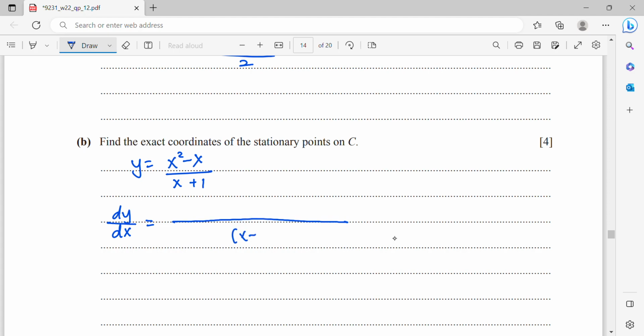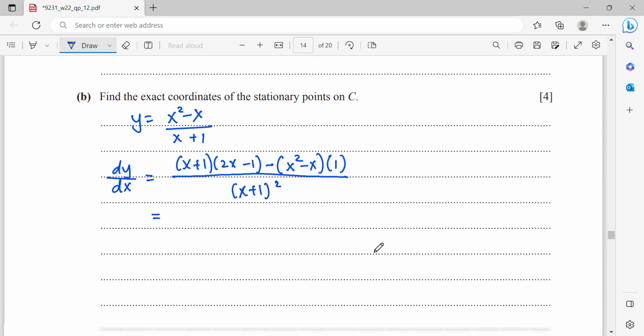So according to quotient rule, square the denominator, rewrite the denominator, and now differentiate numerator, you get 2x minus 1, always minus. Keep the x squared minus x. Differentiate x plus 1 is 1.